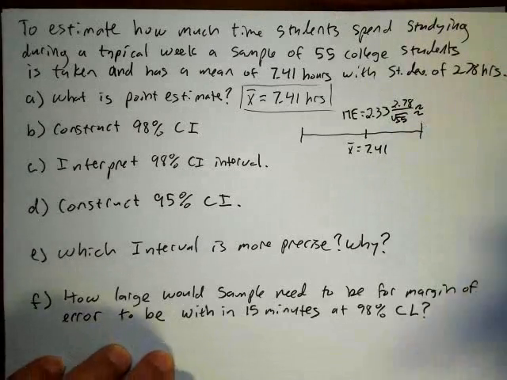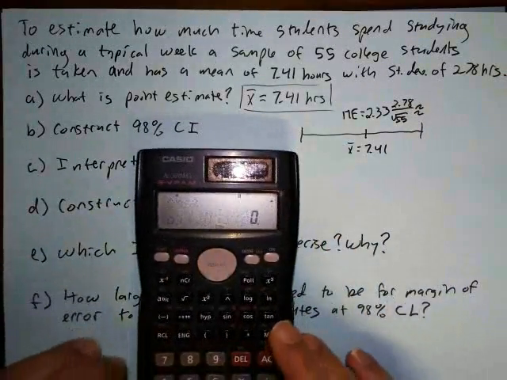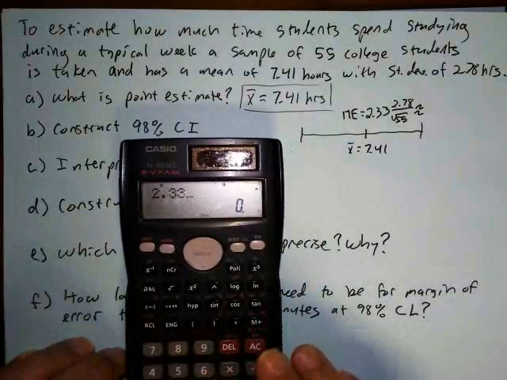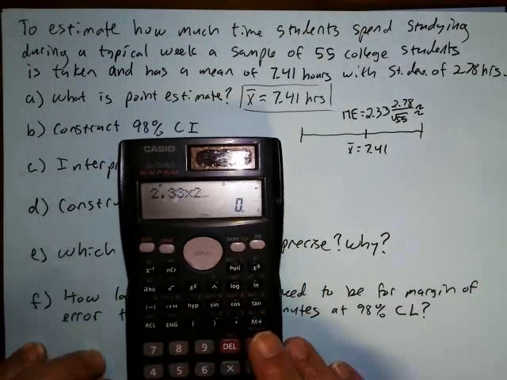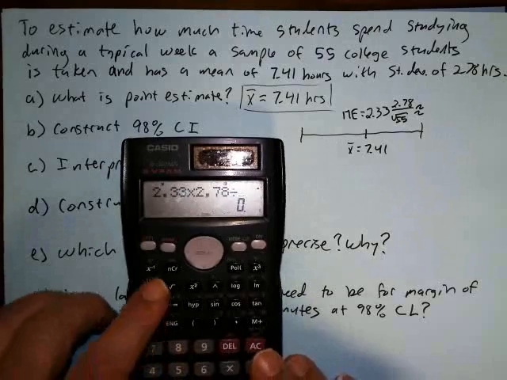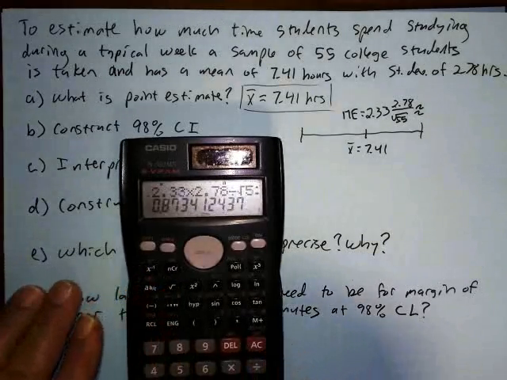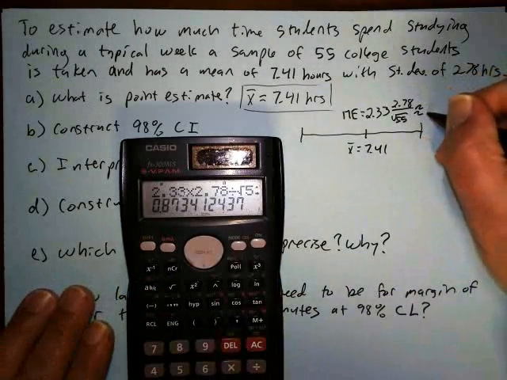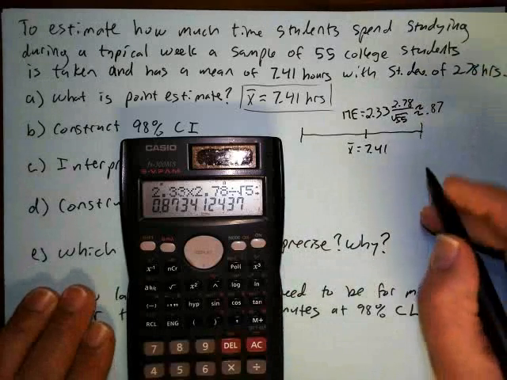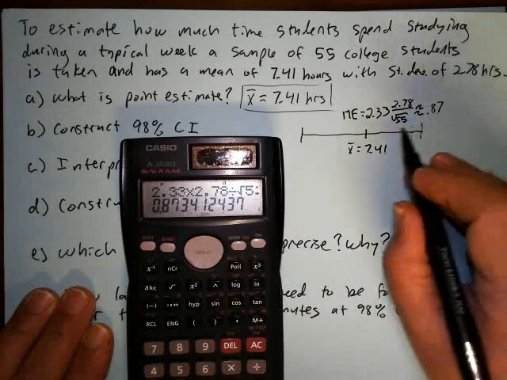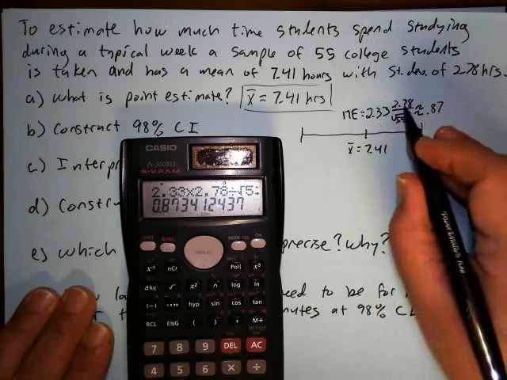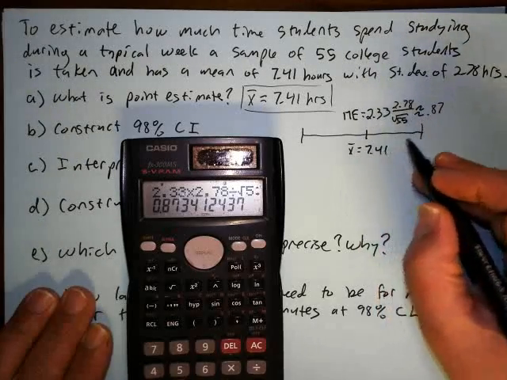That's the sample size. So let's see here. 2.33 times 2.78 divided by the square root of 55, and I get 0.87. Notice I'm rounding to 2 decimal places so that it matches my mean and standard deviation here.